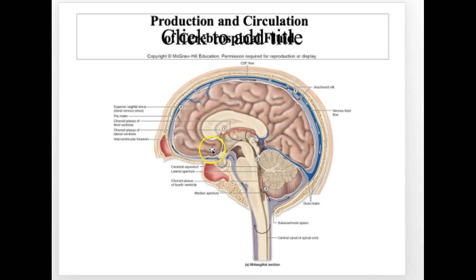Again, this is a mid-sagittal view, meaning that the brain is essentially sliced in half, separating the left and right hemispheres, allowing for us to see an inner view of the brain at the midline.